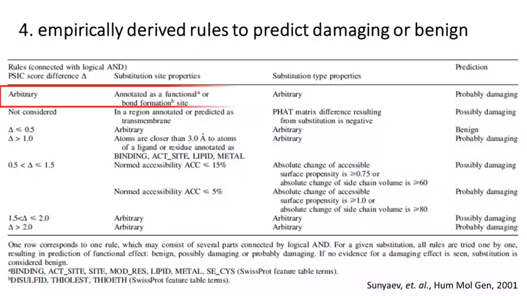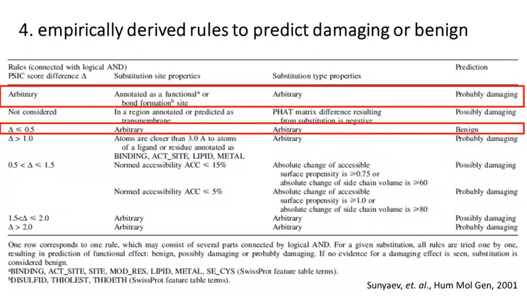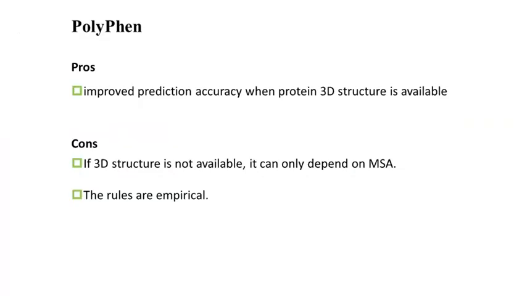For example, if a variation happens at a functional or bond formation site, then it is predicted to be probably damaging. If a variation and the wild type have very small PSIC score difference, then it is predicted to be benign.